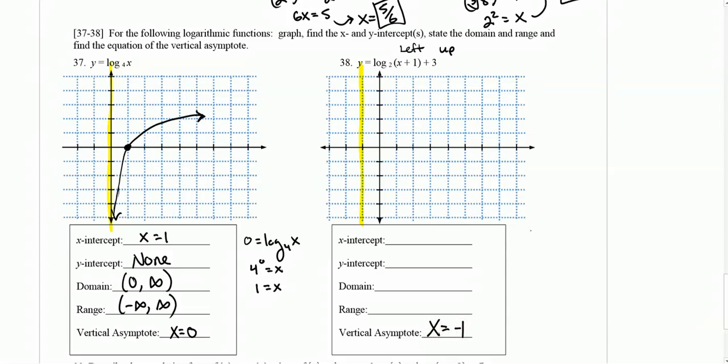For the x-intercept, I'm going to plug in 0 for y. And then, oops, that should be a plus 3. Subtract 3 from both sides.